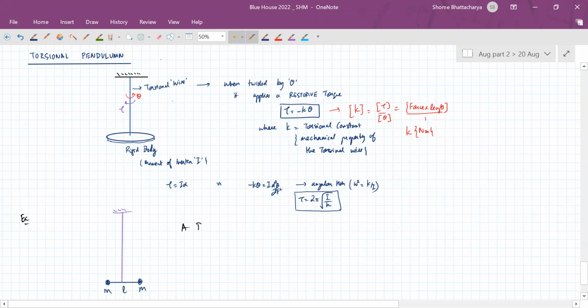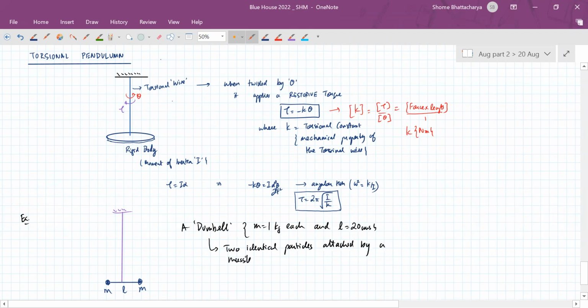So the dumbbell consists of two identical particles attached by a massless rod.